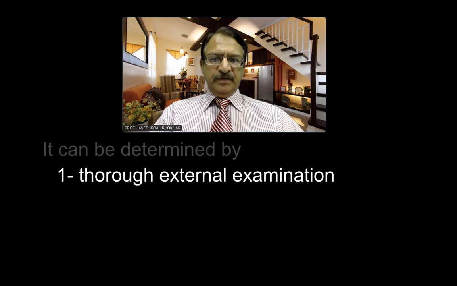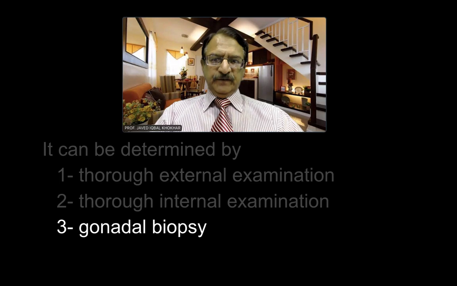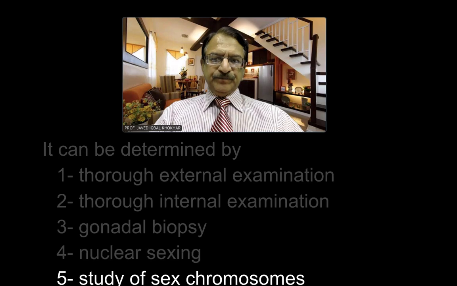It can be determined by a complete thorough external examination, complete body examination, and complete thorough internal examination of the person. Then by gonadal biopsy, nuclear sexing, and study of sex chromosomes. So these are specific tests to confirm the gender when there is any doubt.